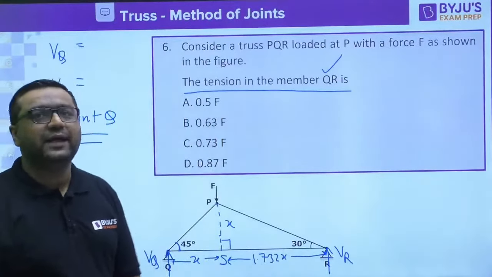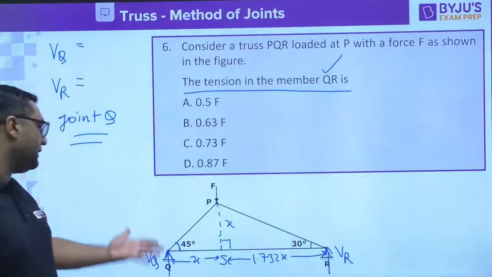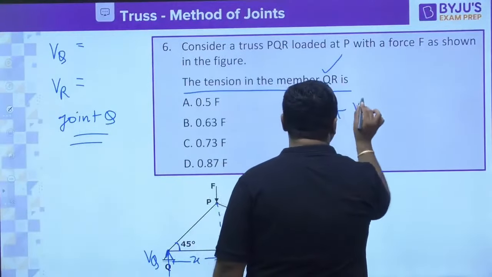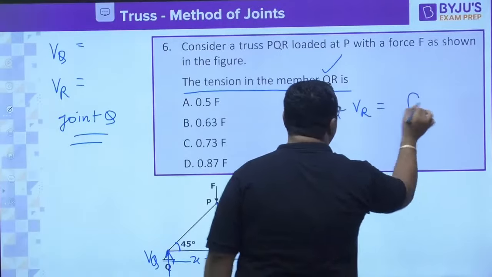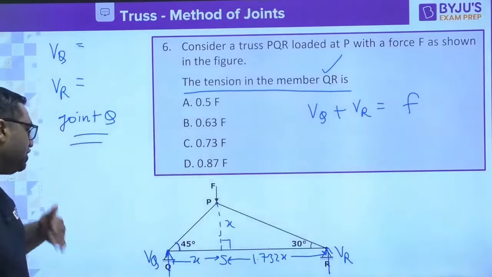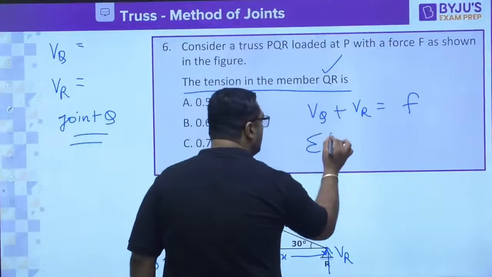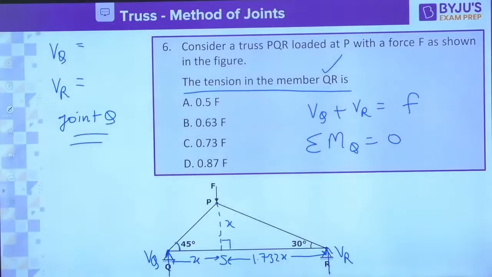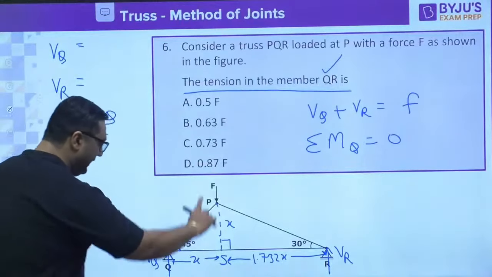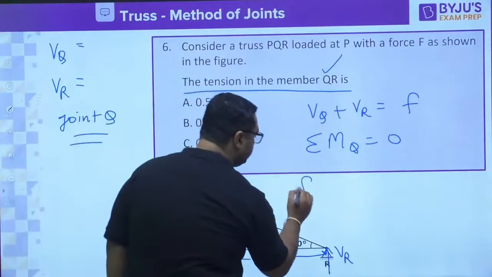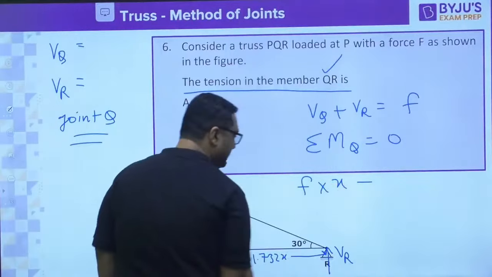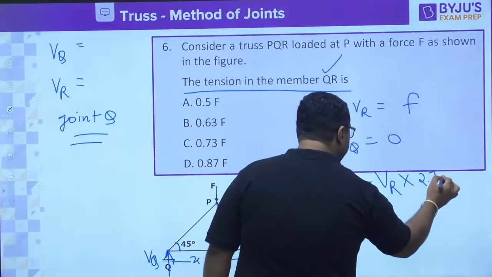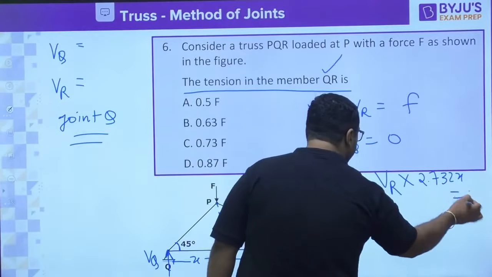Yes, thanks Suparno. So solve this question guys. First of all, you will say VQ plus VR is equal to F. Then you will take summation of moment about Q equals 0. When you assume this, you can say F into X minus VR into 2.732x equals 0.